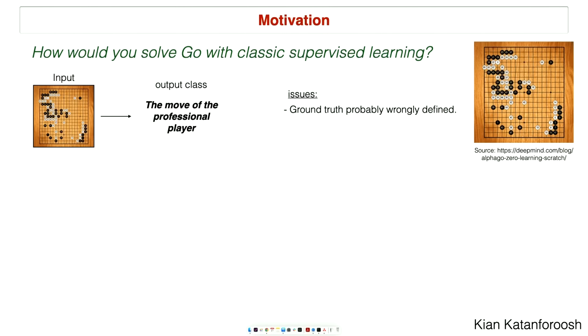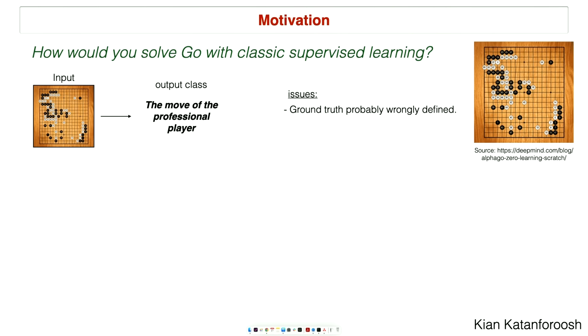The other one is the ground truth might be ill-defined. What I mean by that is even the best humans in the world do not play their best game every day, and even their best game is not the ground truth. That creates an issue because you're essentially training against a target that is off by a certain margin.